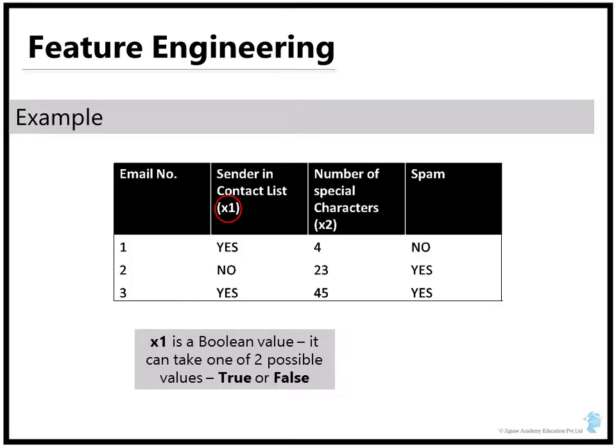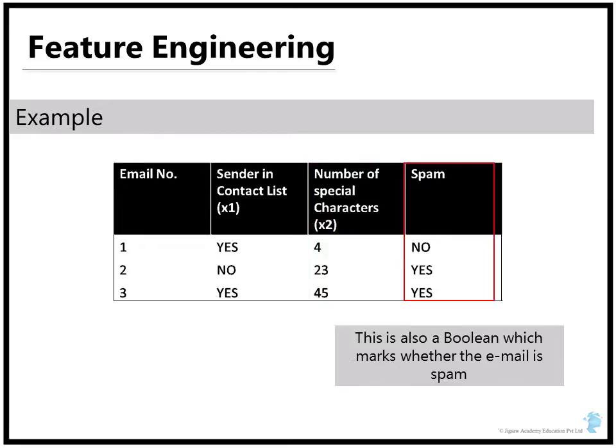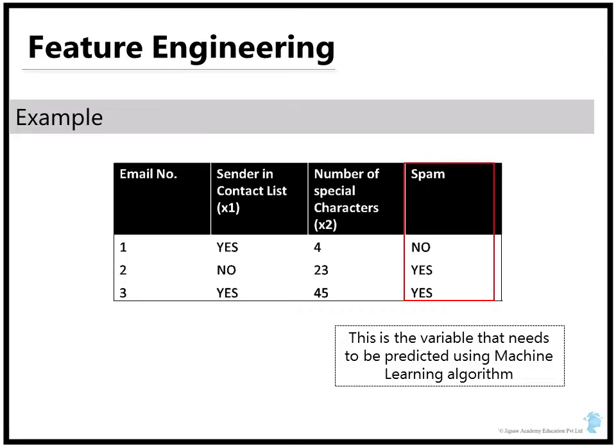The second feature counts the number of special characters in the email, and we denote it by x2. Finally, we have the column called spam, which is a boolean that marks whether the email is spam or not. This is the variable that we want to predict using some machine learning algorithms.